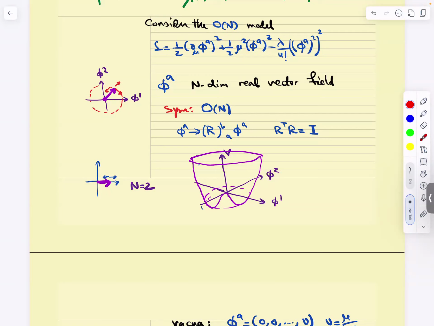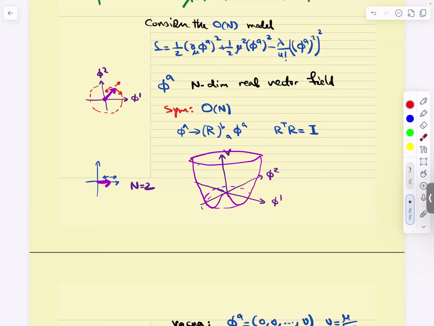So I have to find V prime of φ₀, right? Now what I have is my V of φ, minus one-half μ² φ² minus λ over 4 factorial φ⁴. I'm ignoring the indices, right? From this, I have to take a derivative.